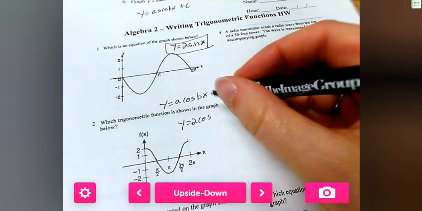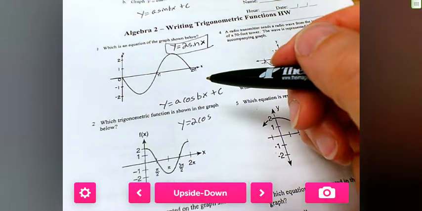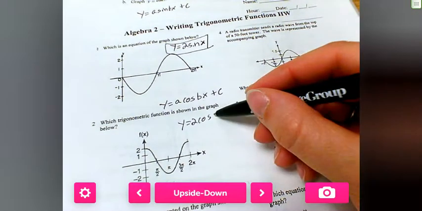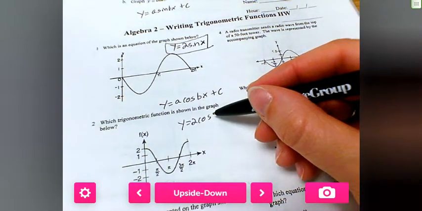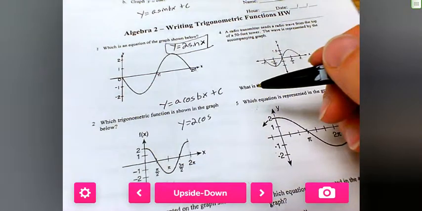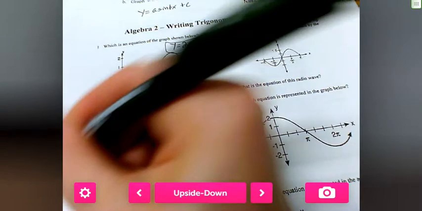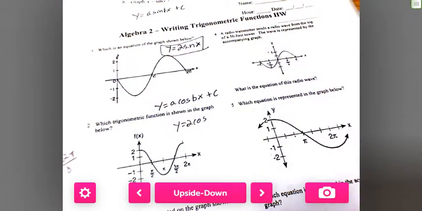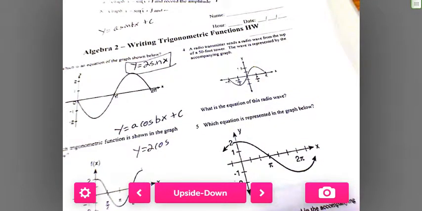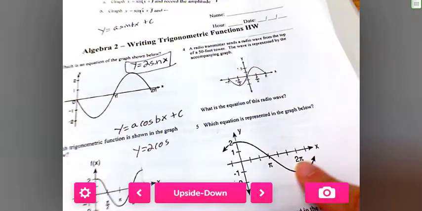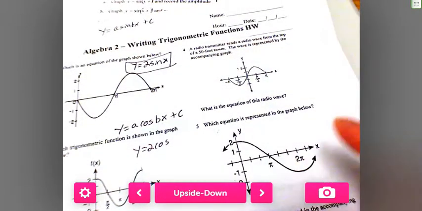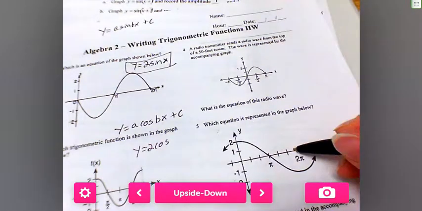Wait, so explain. So if it goes through 2 pi, it's 1x. Okay? If it changes, if it goes faster than that, we have to go 2 pi divided by b. So if, for example, like number 5. Yeah. Number 5 is different. So we have to be like, okay, this isn't going to go through 2 pi.